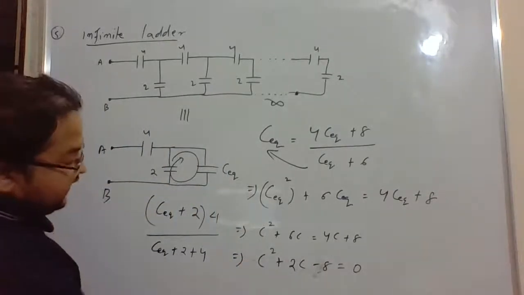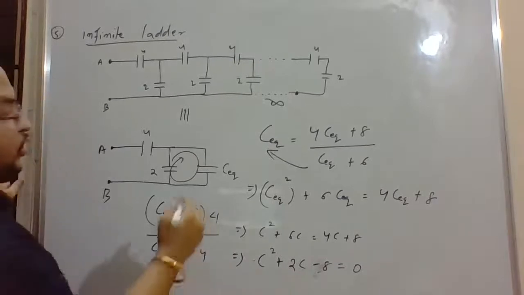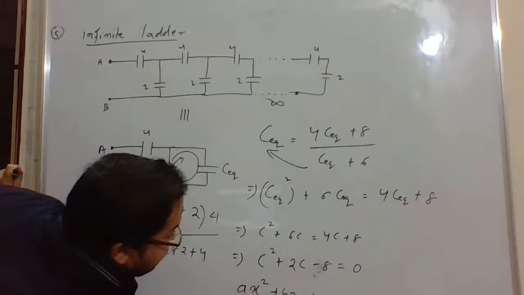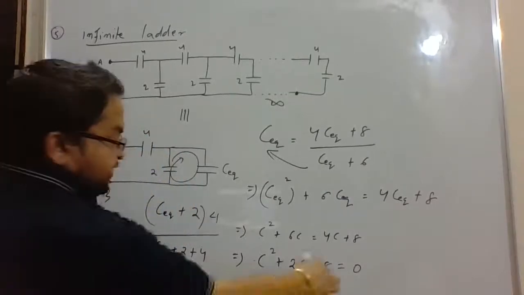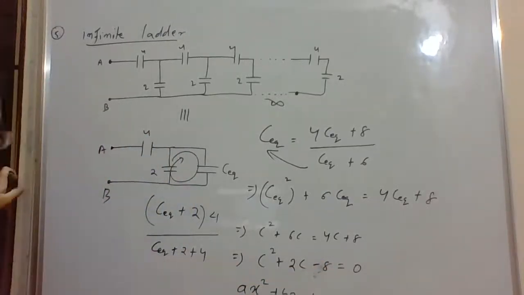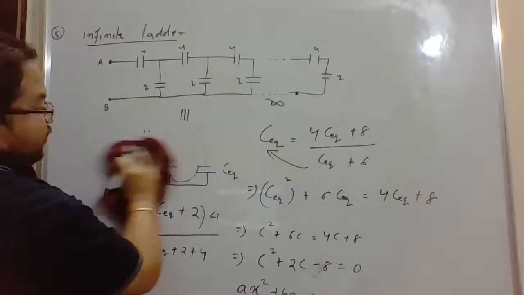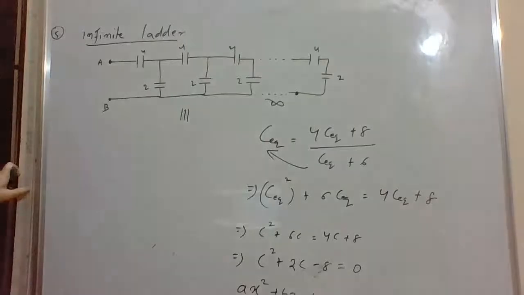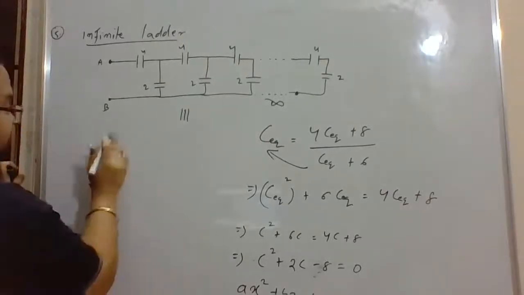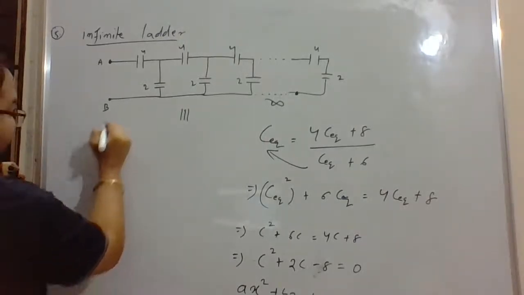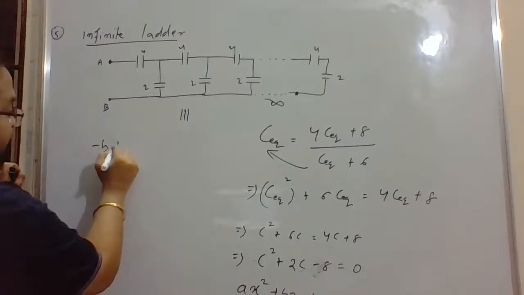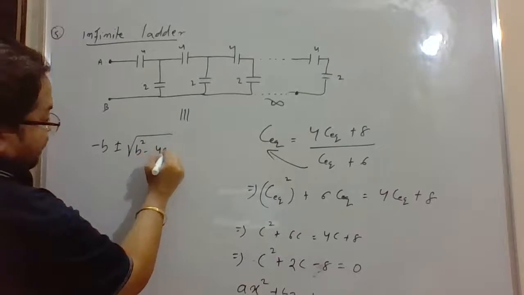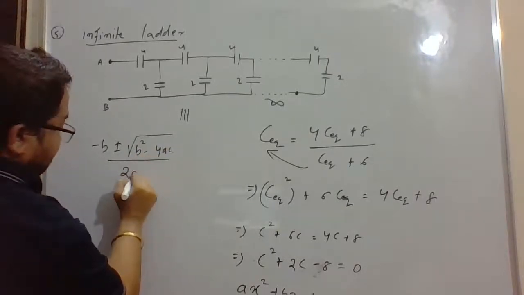So if you see, this is a quadratic equation of the form ax squared plus bx plus c. So if it's a quadratic equation, obviously I can find the roots of this quadratic equation by using this formula. We know in a quadratic equation, the root is nothing but minus b plus or minus root over of b squared minus 4ac, by 2a.